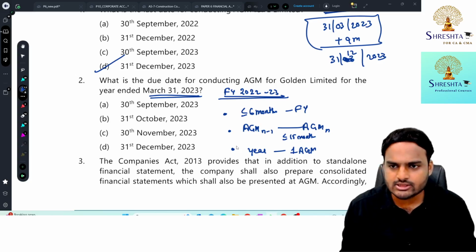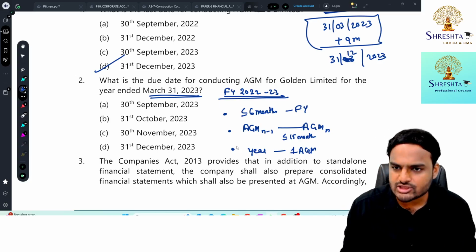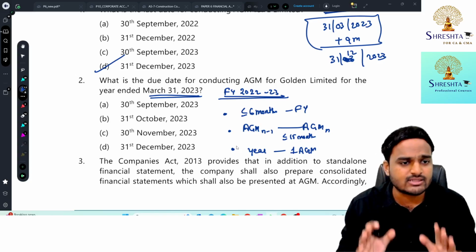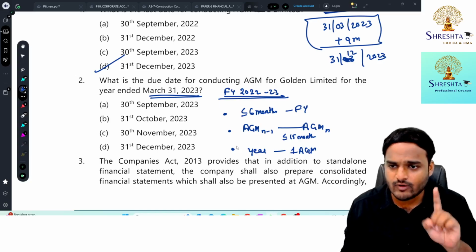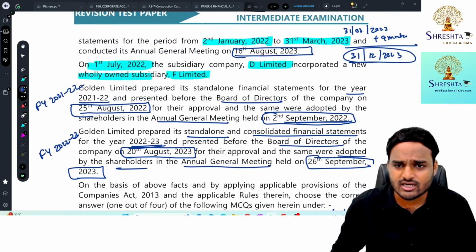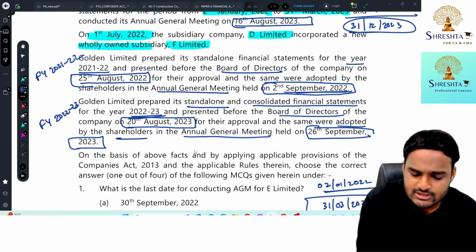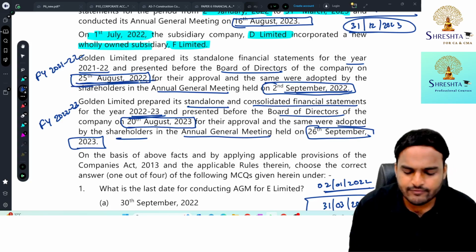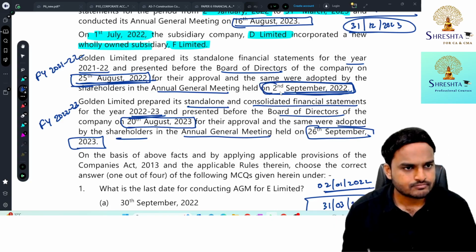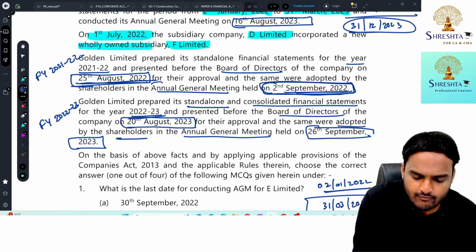So what are those three conditions? Within 6 months from the closure of financial year, the maximum time gap between two AGMs shall not exceed 15 months, and every year, one annual general meeting. Now, look at the previous annual general meeting date. You can read this paragraph one more time.